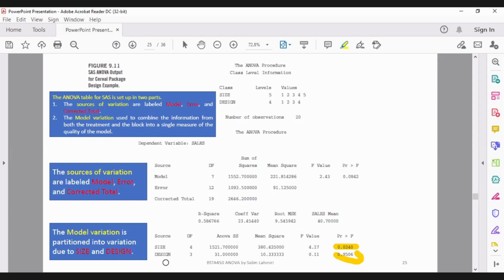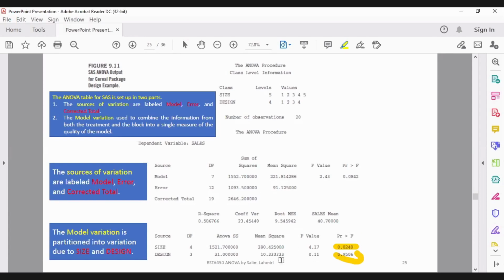So the mean of cells is not equal across size, but it is similar across design packages. It is equal across design, but it is not equal across size.